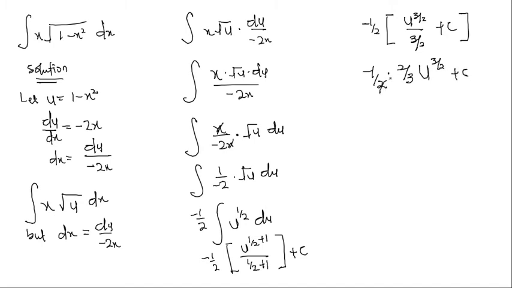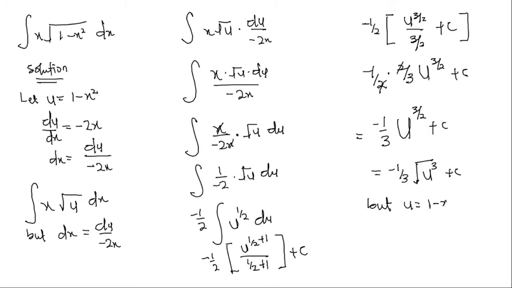So these two will cancel, and I have negative 1 over 3 u raised to the power 3 on 2 plus c. And I can rewrite this as negative 1 over 3 times the root of u cubed, plus c. But remember we did substitution where we said let u be 1 minus x squared.